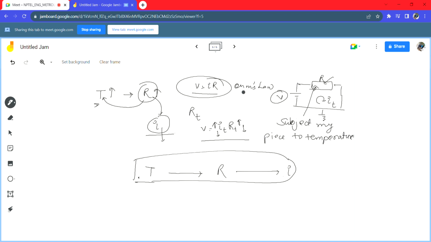Now there is a very beautiful term here that is called calibration, which is the most critical section of designing the sensors. It is easy for us to understand and say that R is a function of T. But what is this function?